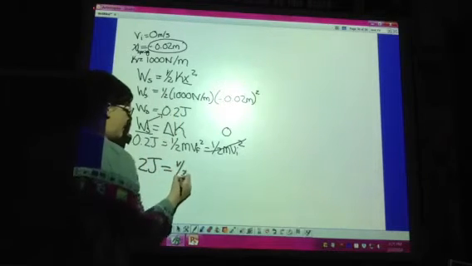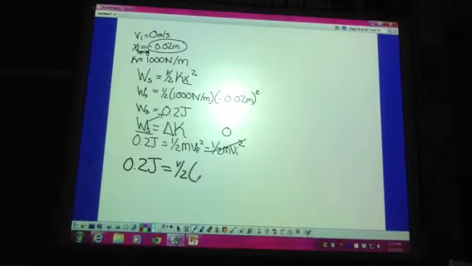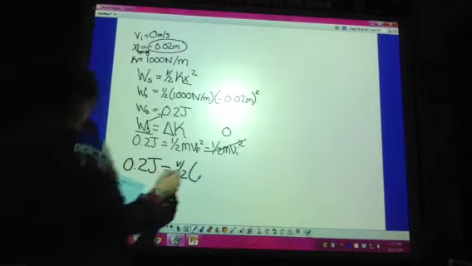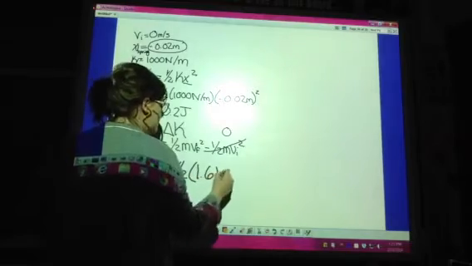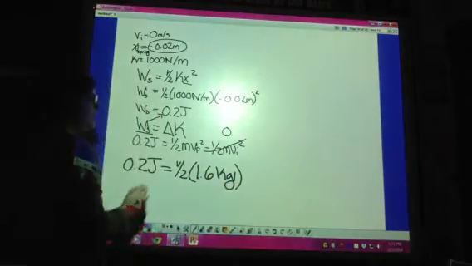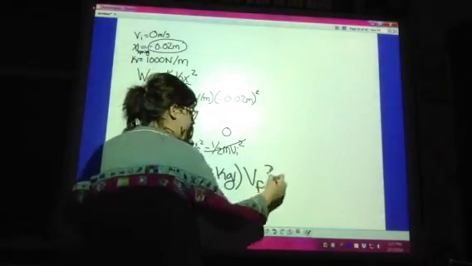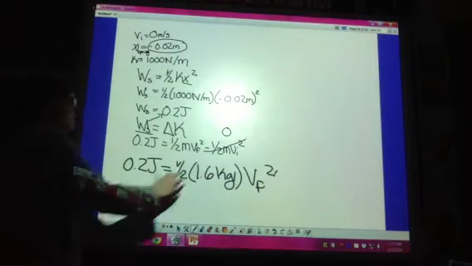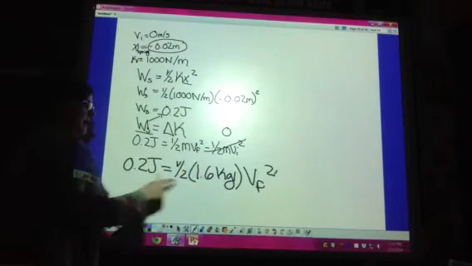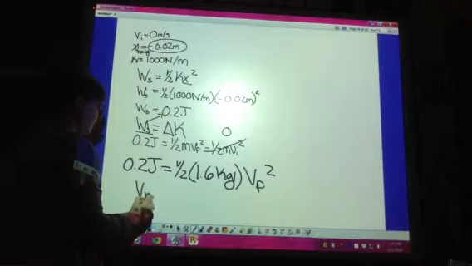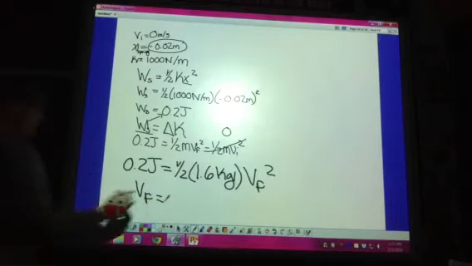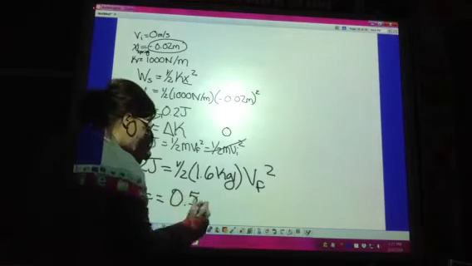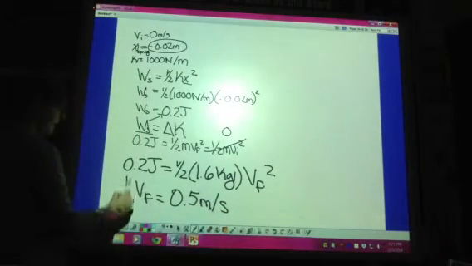That equals 1/2 times the mass of the block, 1.6 kilograms, times the final speed squared, which is what we're trying to find. If I multiply, divide, and then take the square root, we should get our final speed to be 0.5 meters per second.